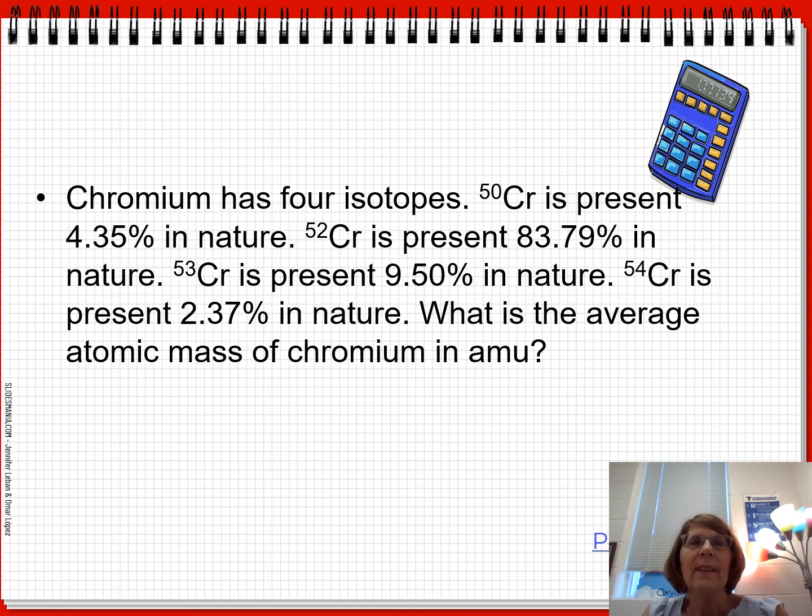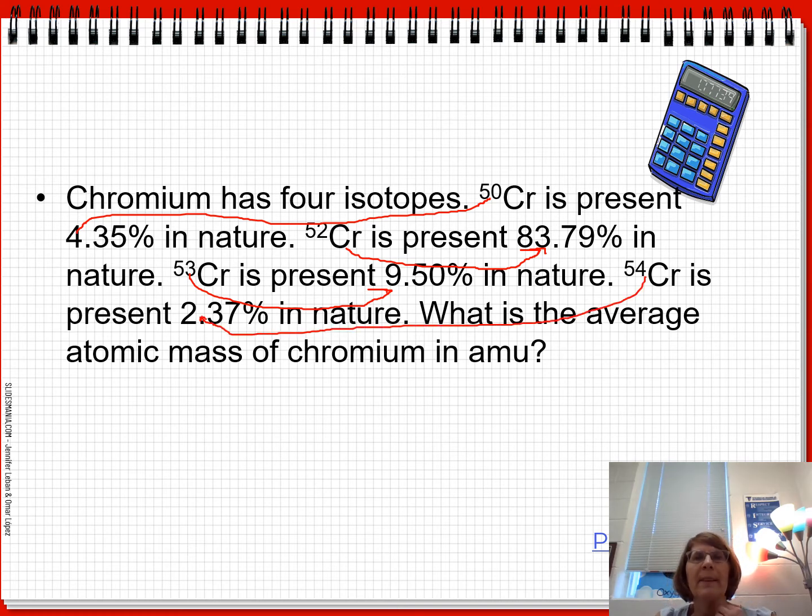All right, so chromium has 4 isotopes. Chromium 50 is present 4.35% in nature. Chromium 52 is present 83.79% in nature. Chromium 53 is present 9.5% in nature, and chromium 54 is present 2.37% in nature.